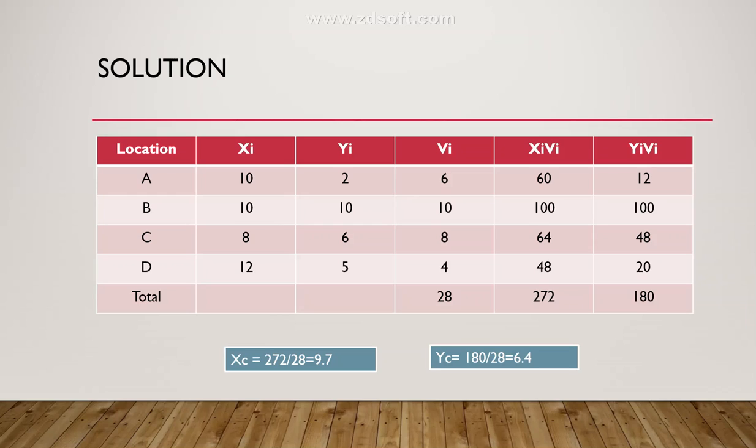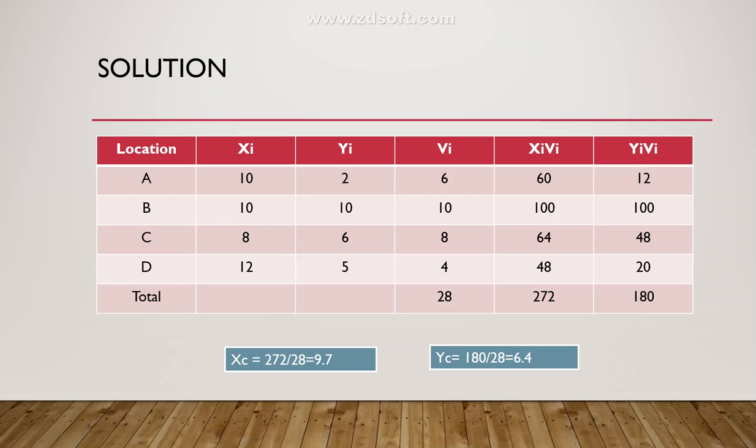So referring to the x coordinate, or sum of x and v. So to get the sum of x and v for location A, we need to multiply xi into vi. So we get 60. Same way for B, 10 multiplied by 10, we get 100. For C, 8 multiplied by 8, we get 64.